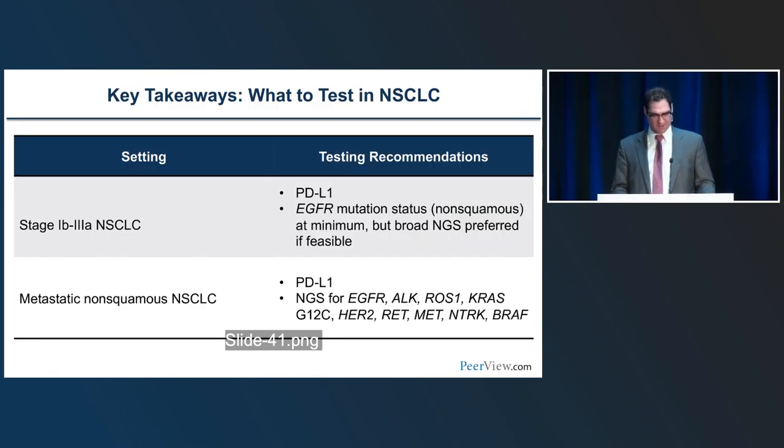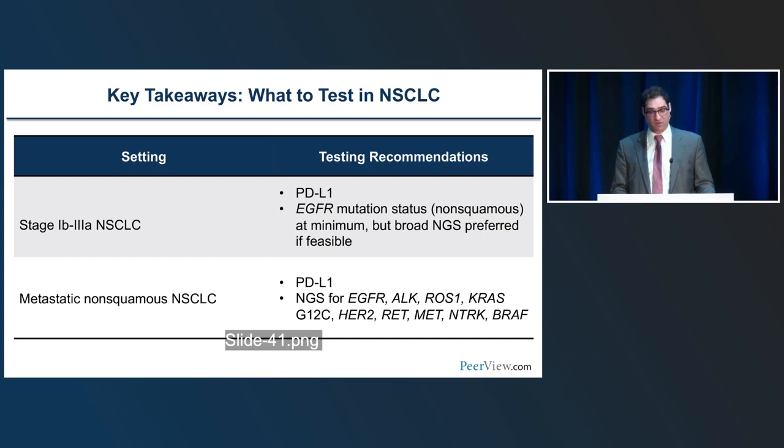So in terms of clinical practice, what to test in non-small cell lung cancer. For metastatic disease, PD-L1 testing is essential, and also broad genomic profiling for non-squamous non-small cell lung cancer, and for a lot of squamous non-small cell lung cancer, scant tissue specimens, patients who don't have a large smoking history, broad genomic profiling with NGS is standard.